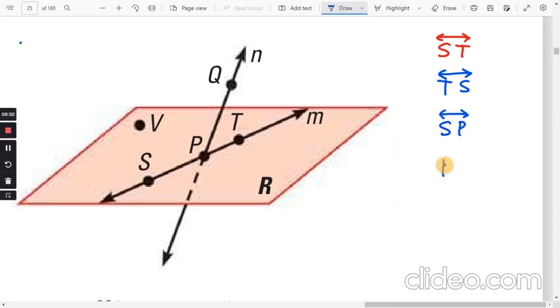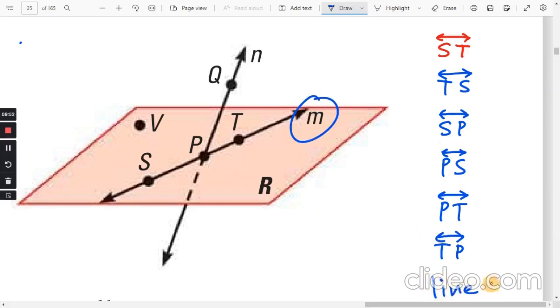We can say PS, we can say PT, we can say TP. And also, we can say line M. So there are a lot of ways to name line ST. You can choose any 2 points. The order doesn't matter.